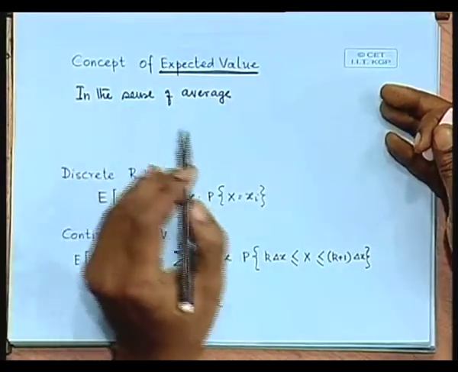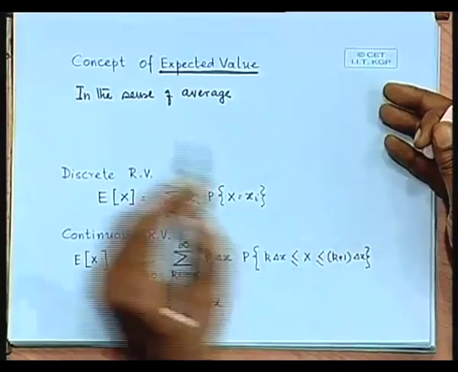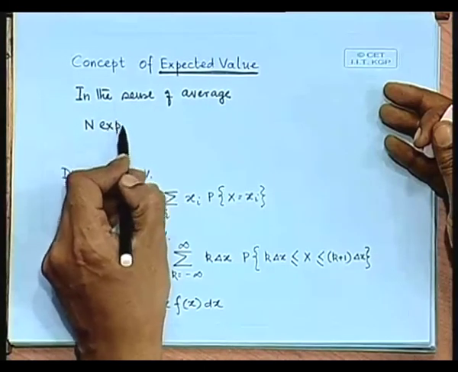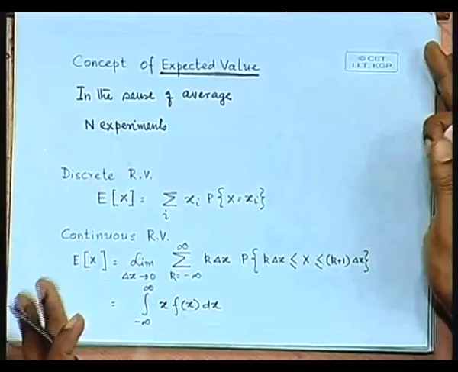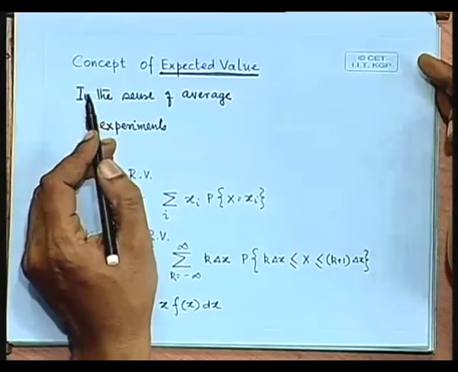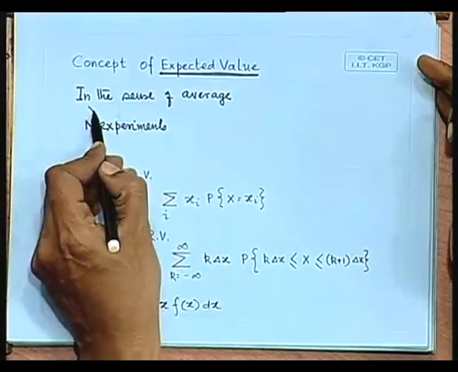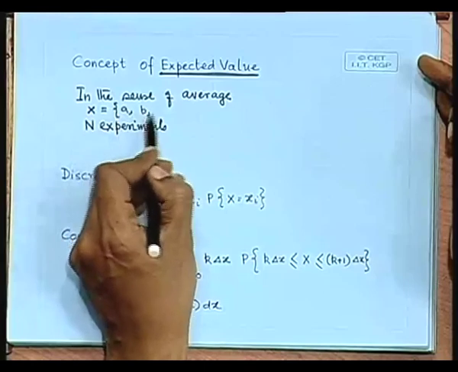Suppose we do a large number of experiments. Suppose we do n experiments. Let us consider a random variable x which can take values either a or b or c.